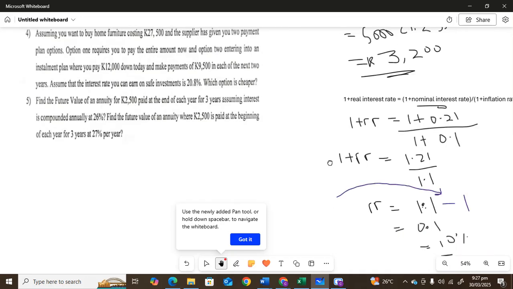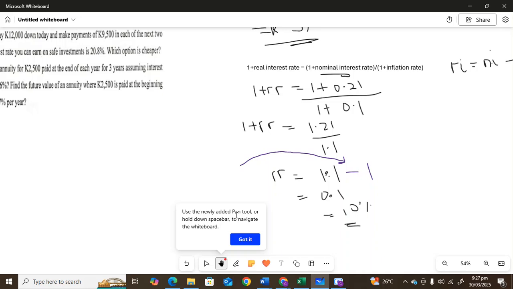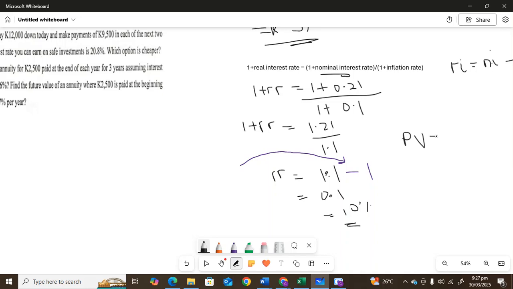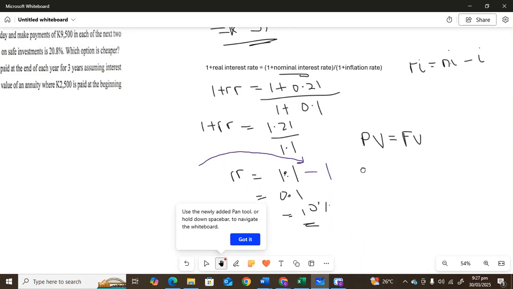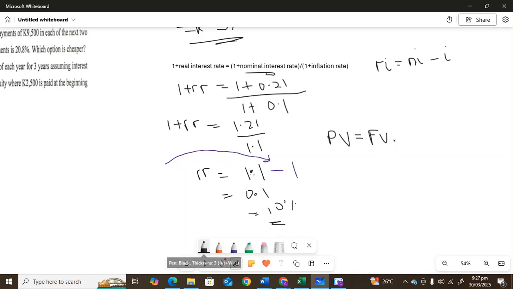So again, we're using the present value formula. Present value PV equals the future value, open brackets 1 plus R to the power negative T.